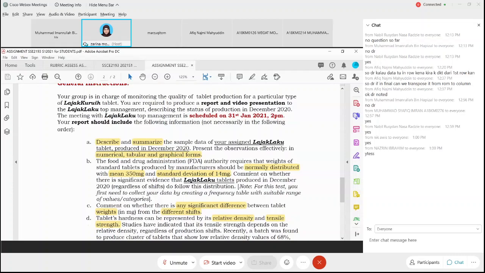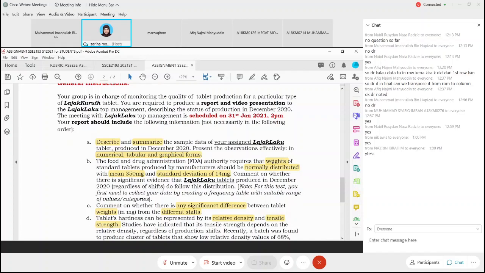Part B. This is where you need to use your chapter 5, goodness of fit test, where on the H0 you have whether the weight, your variable, is normally distributed or not.